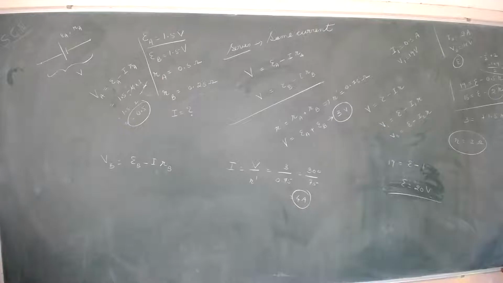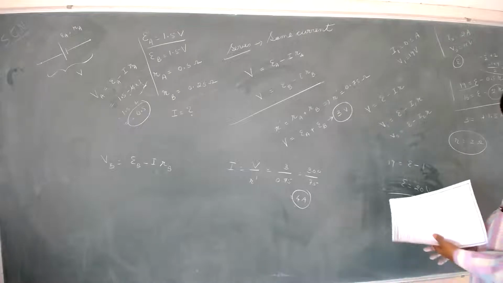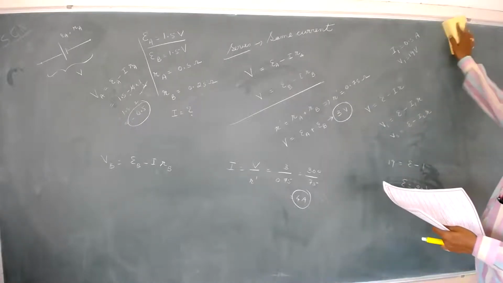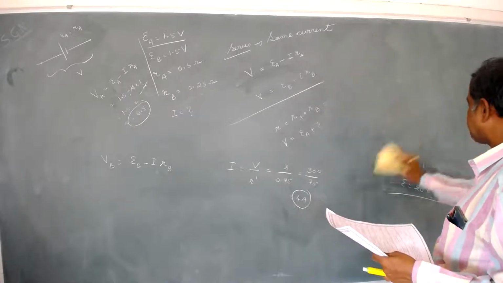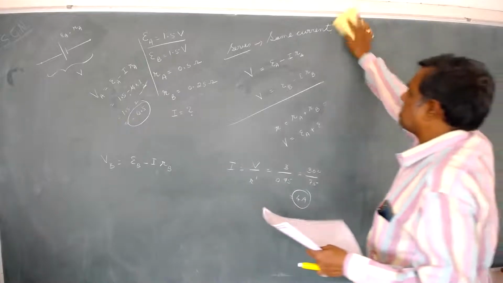What will be the reading of the ammeter? What is he asking indirectly? The current, because the ammeter is the device which is used to measure the current.